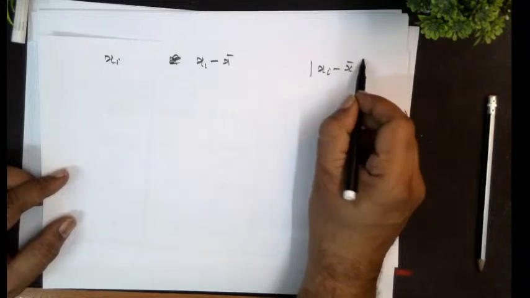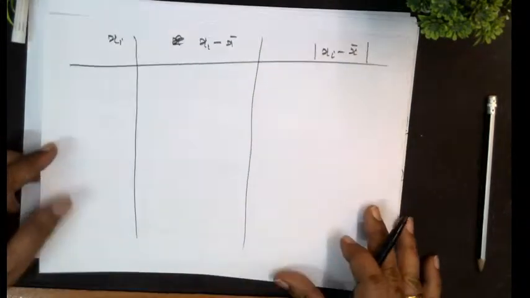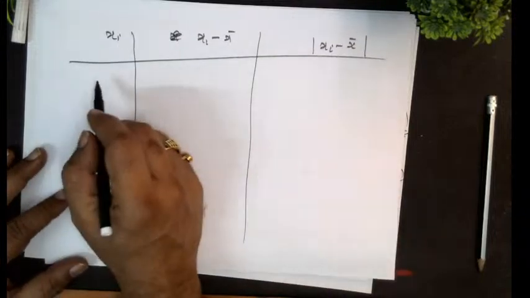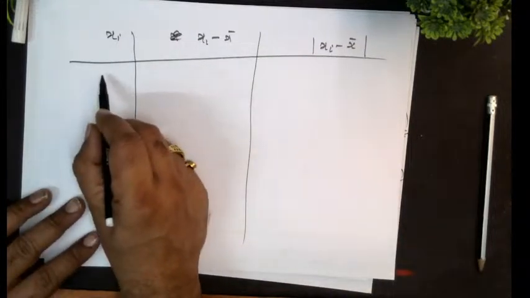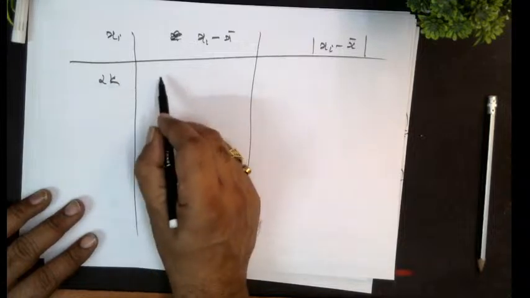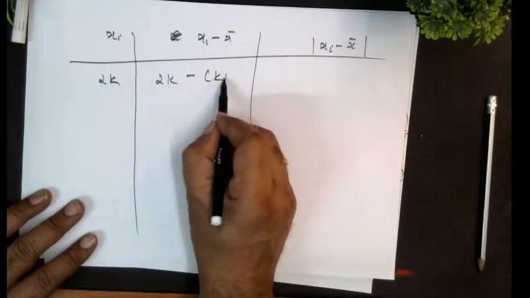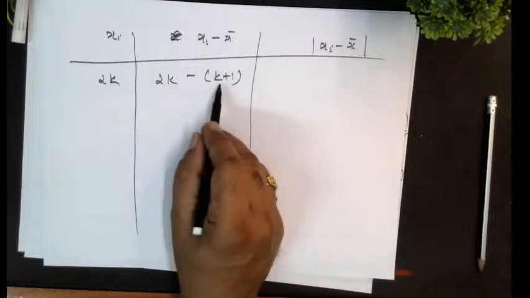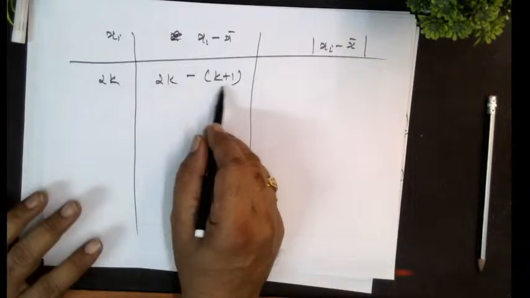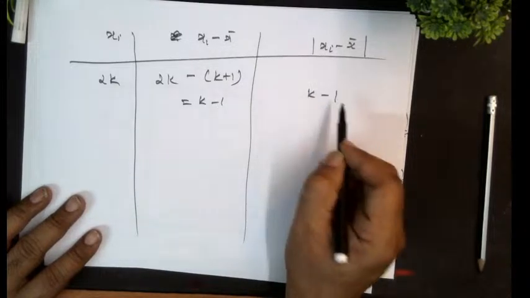Got it? So let us find out the values. You have to do it systematically. So let us consider 2k. So what could be the value? 2k minus k plus 1, right? So 2k minus k, minus 1. So the answer is k minus 1. Here what will come? K minus 1.